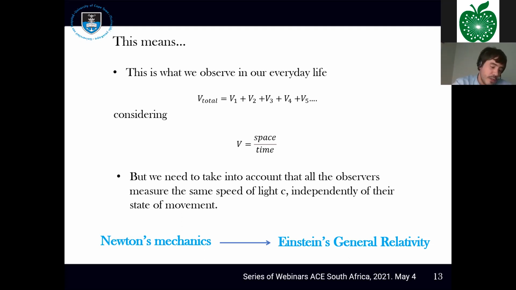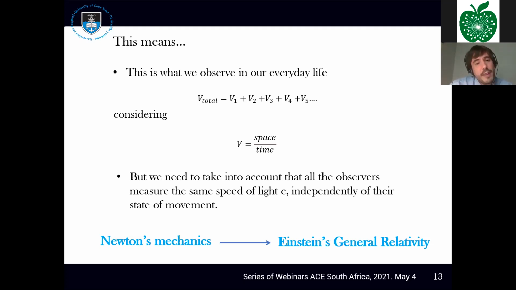So this was one of the main steps to pass from Newton's mechanics to Einstein's general relativity. Of course, there were some intermediate points between these two formalisms, but this is one of the first steps to pass from Newton's mechanics to Einstein's general relativity.